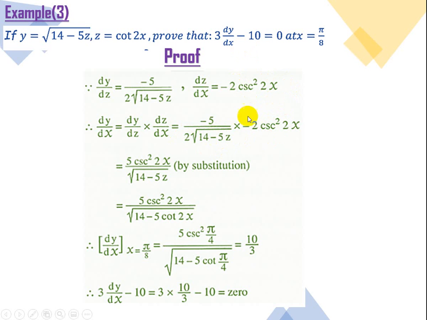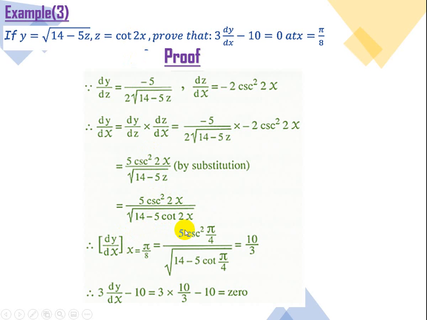Cancel 2 with 2, and negative times negative is positive, so 5 cosec squared 2x over root 14 minus 5z. By substitution, replacing z with cot 2x, the answer will be 5 cosec squared 2x over root 14 minus 5 cot 2x.